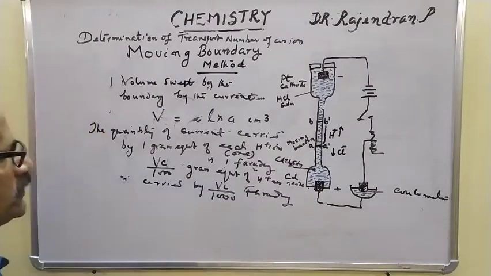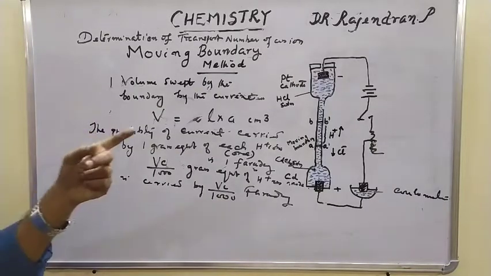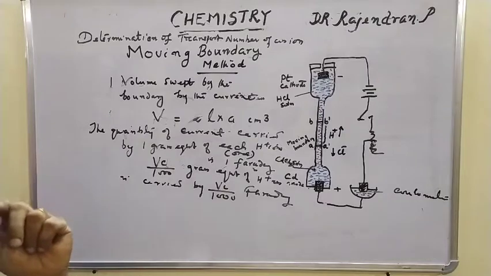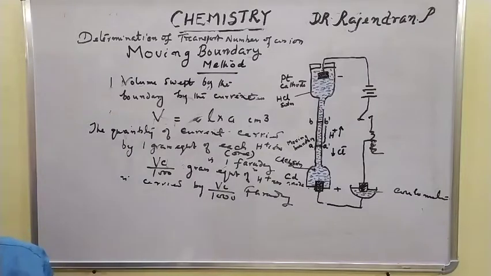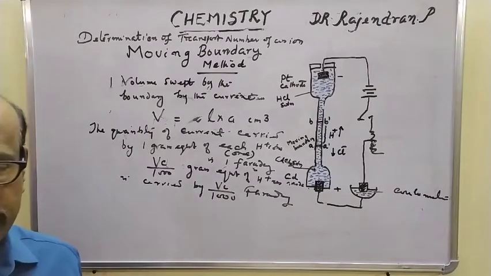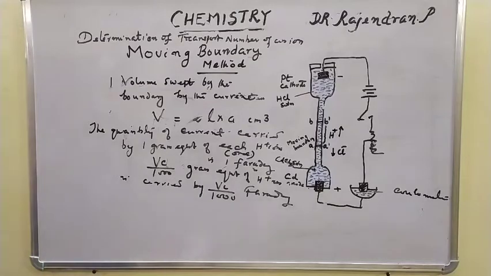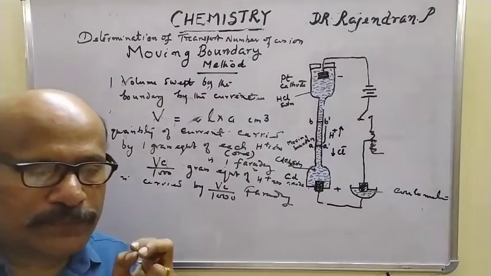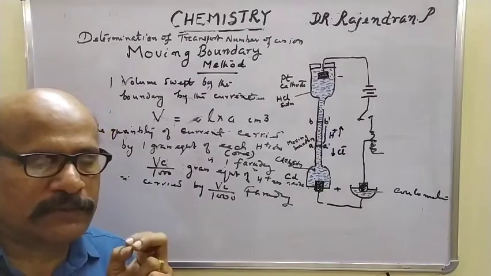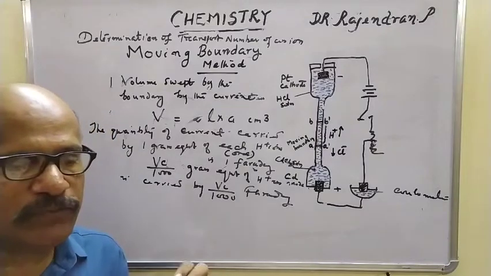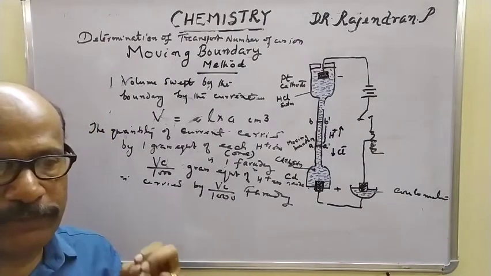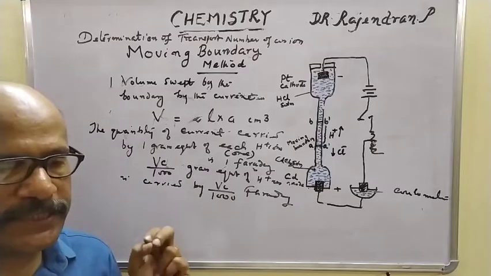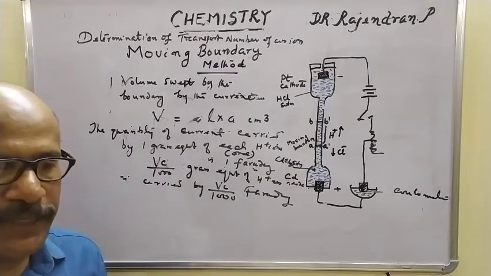So this is a very important calculation. How it arises: you know that suppose C is the concentration or the normality of the hydrochloric acid solution. According to a general postulate, each 1 gram equivalent of a particular ion is carried by 1 Faraday of electricity.